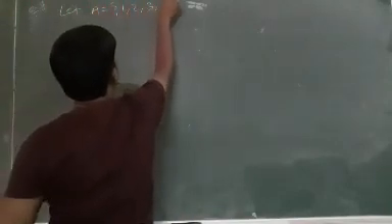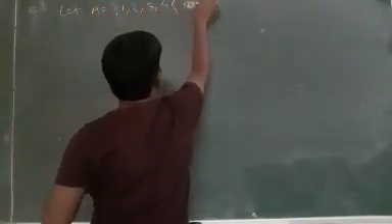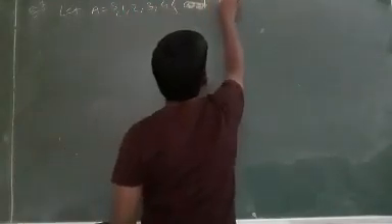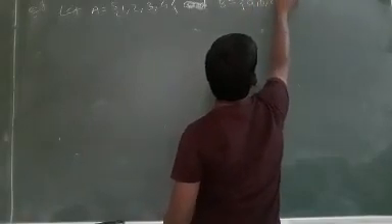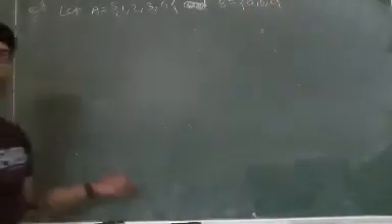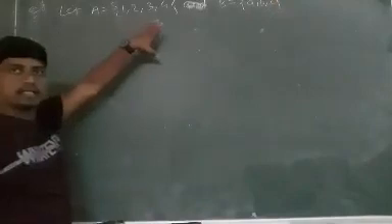Example: let set A equal {1, 2, 3, 4} and set B equal {a, b, c}. We know that every subset of A cross B is a relation.